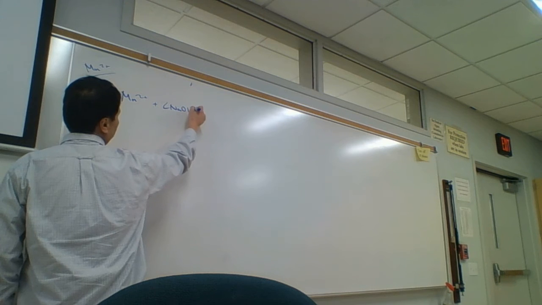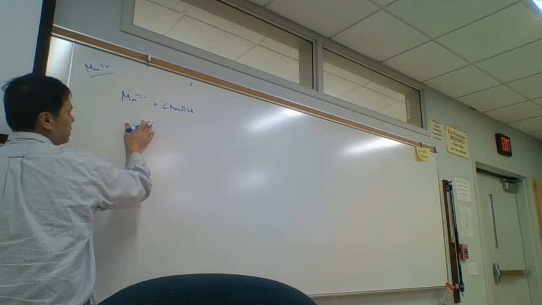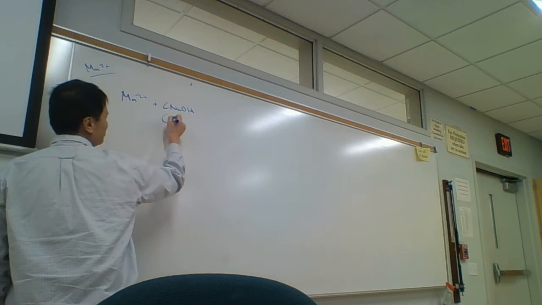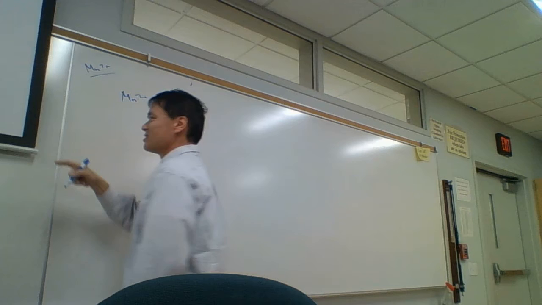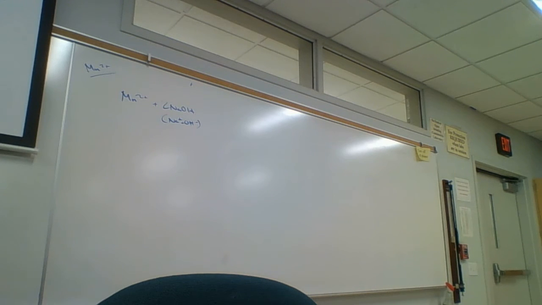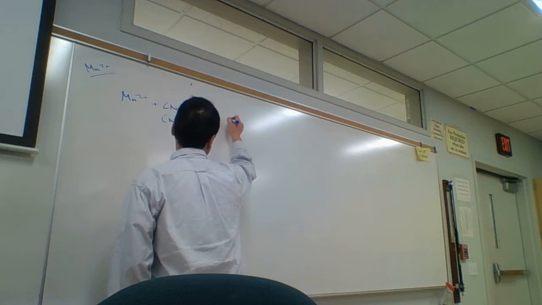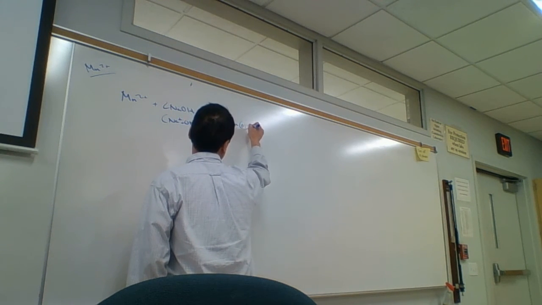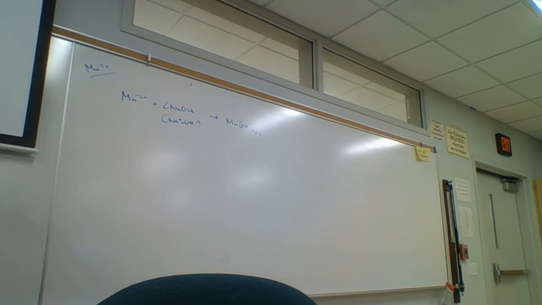This is kind of a composite between net ionic and complete equation. Sodium hydroxide really is sodium ions and hydroxide ions, but I'm leaving it as sodium hydroxide just because that's the reagent we're adding. All sodium salts are strong electrolytes. And so this is going to form manganese 2 hydroxide, which is the light brown precipitate here.